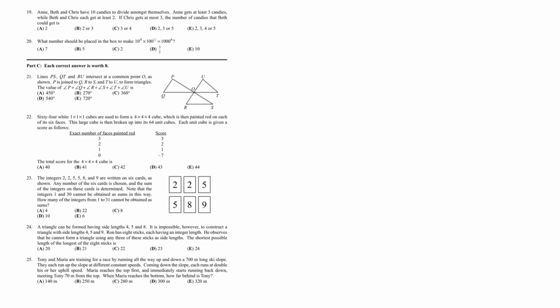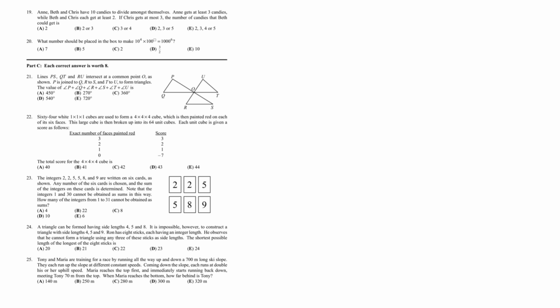Number 19. Anne, Beth, and Chris have 10 candies to divide amongst themselves. Anne gets at least 3 candies, while Beth and Chris each get at least 2. If Chris gets at most 3, the number of candies that Beth could get is?